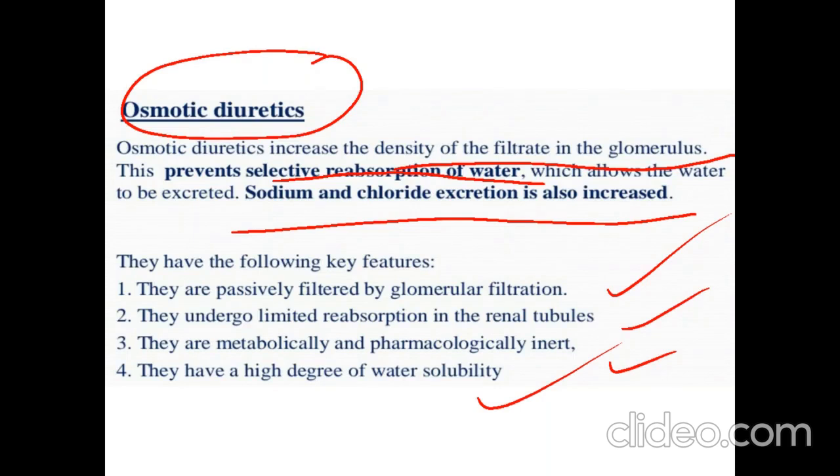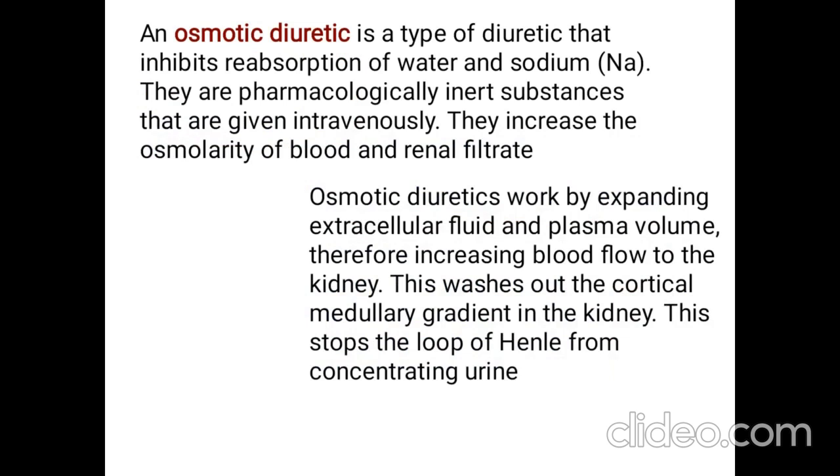So they produce osmotic pressure, they increase the density in the urine, hence it is difficult for water and different ions to undergo reabsorption. So they inhibit the reabsorption of water and sodium. They are inert and they are given intravenously. They increase the osmolarity of blood and renal filtrate.